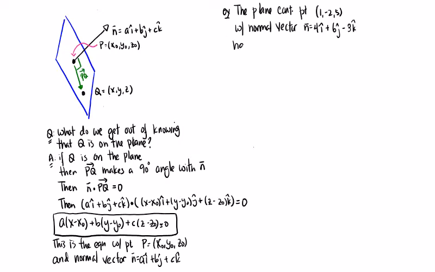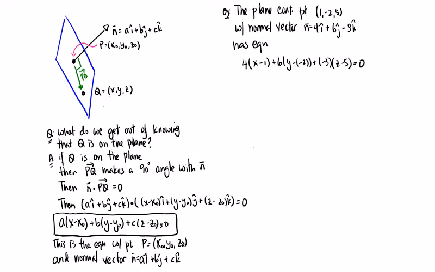This has equation. Literally we just plug everything in. We take the coefficients of the components of the vector, those become the coefficients. So 4 times x minus 1, that 1 is from the point, plus 6 times y minus negative 2, plus -3 times z minus 5 equals 0.